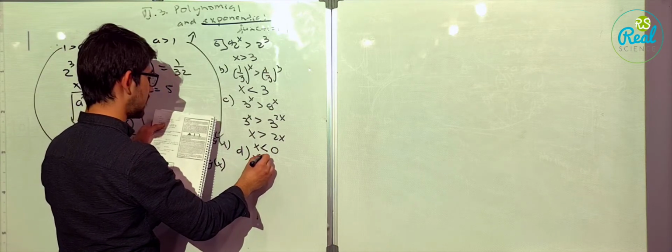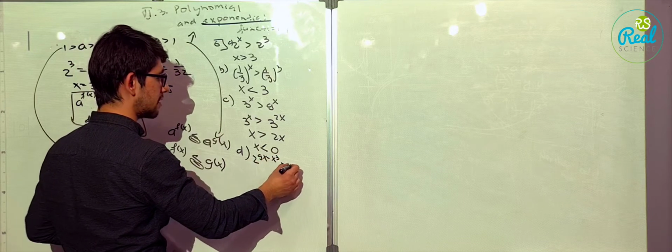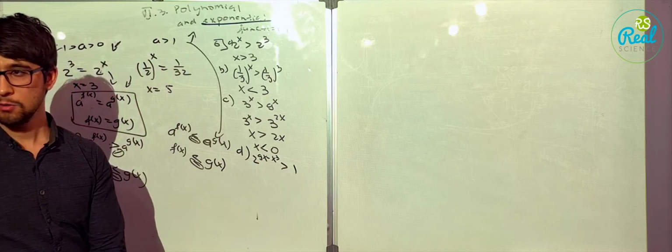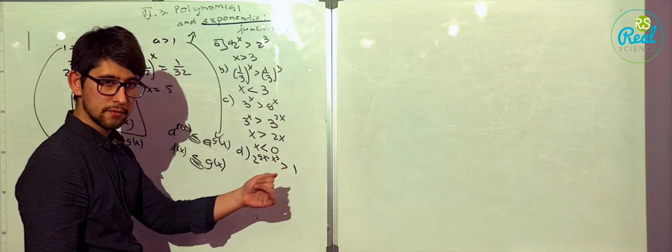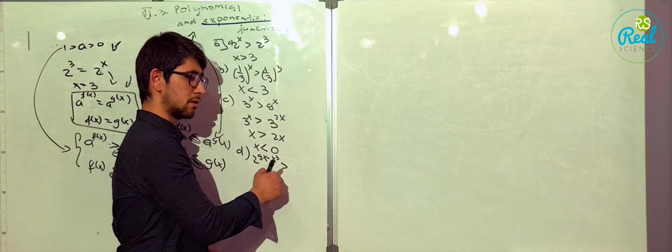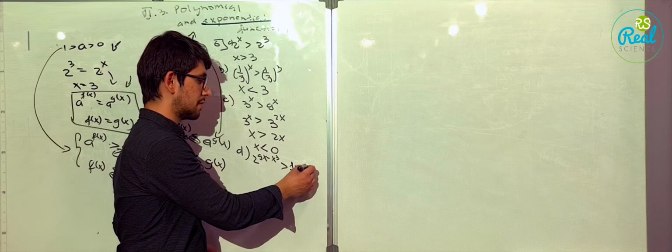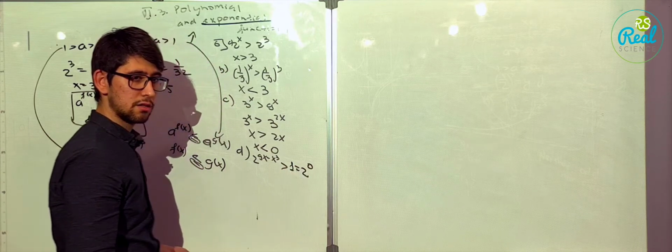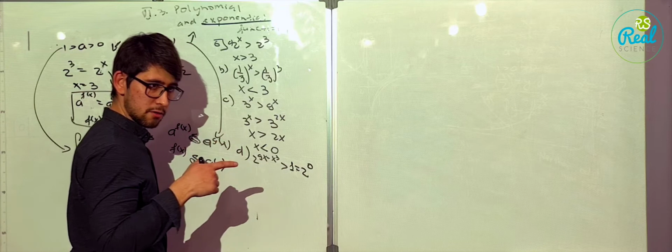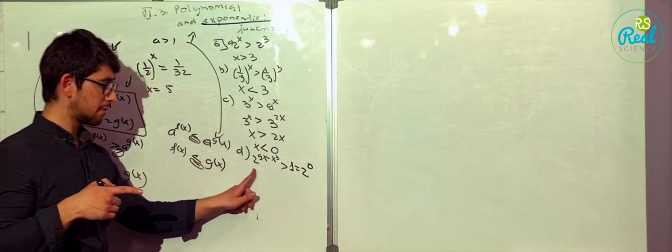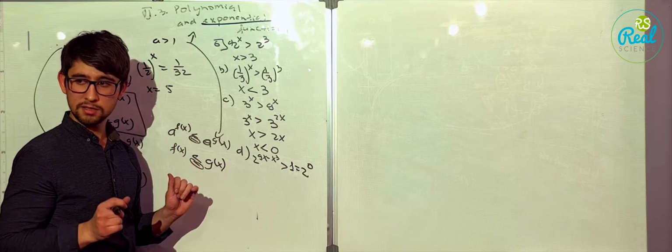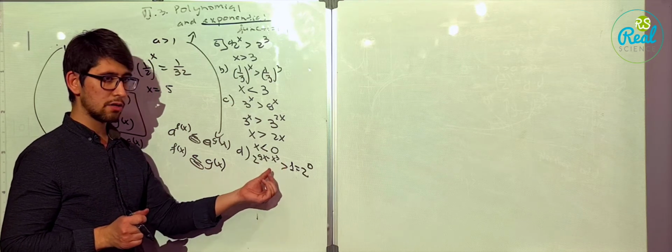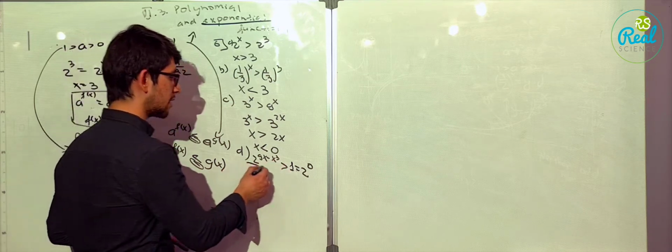2 to the power of 9x minus x cubed greater than 1. How can you bring 1 to the power of 2? 1 is 2 to the power of 0. Your job here is to bring them into the same base, and that's it. Then you solve the inequality or equation by looking at their bases.